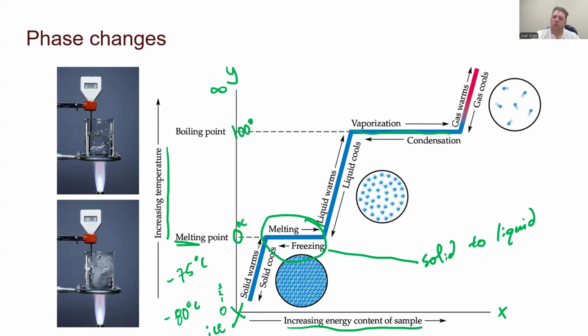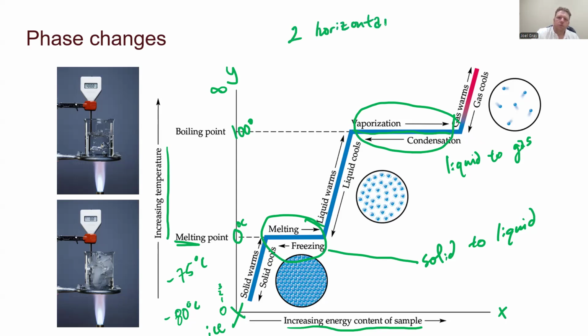And that transition, which is depicted by this horizontal line right here, is our liquid to gas. So when you look at a phase diagram like this, you should have two horizontal regions. And those represent phase changes.